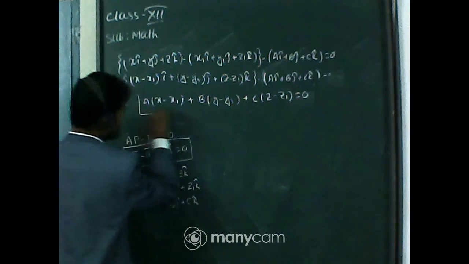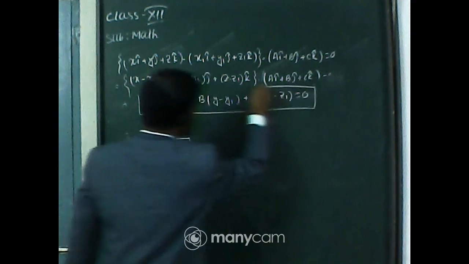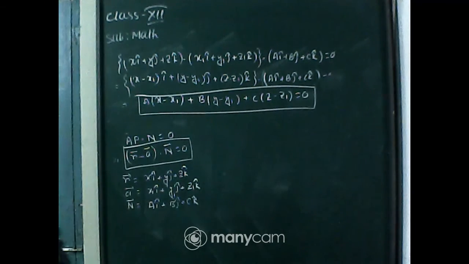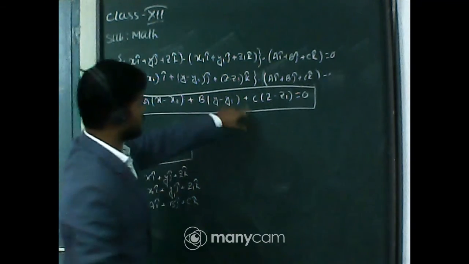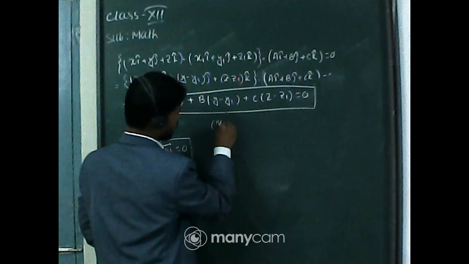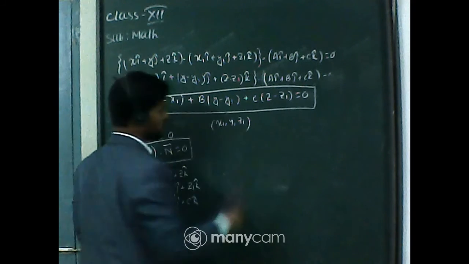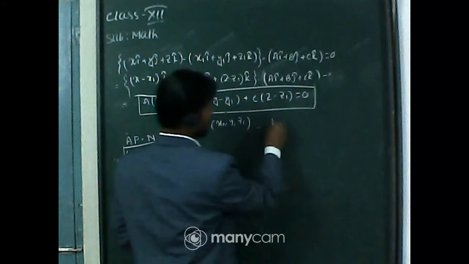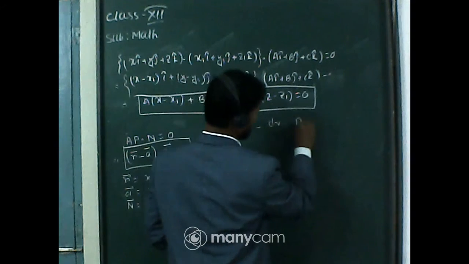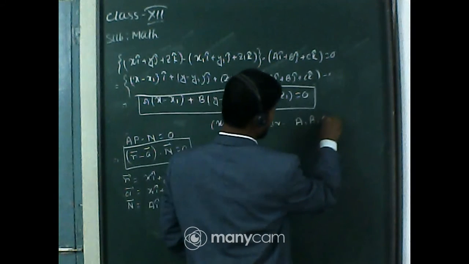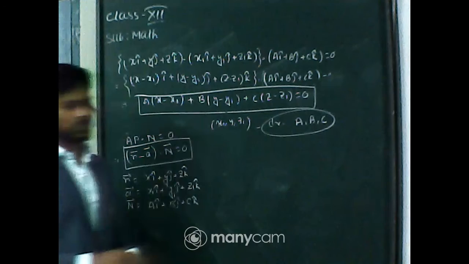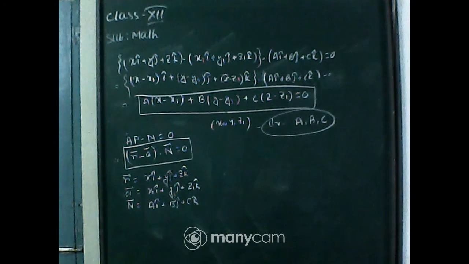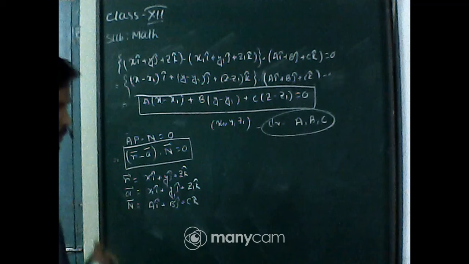And this is the Cartesian equation of the plane which passes through the point x1, y1, z1, where a, b, c are the direction ratios of the line perpendicular to the plane. Okay, now this formula is completed.